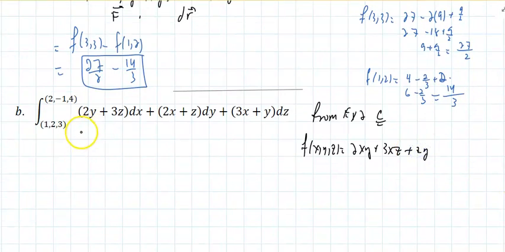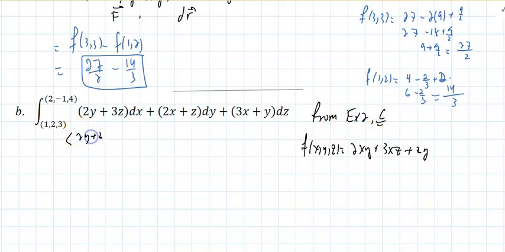So again, when they give it to us in this form, you really have to read f. If this wasn't example 2 part C, then you have to find the potential function, right?